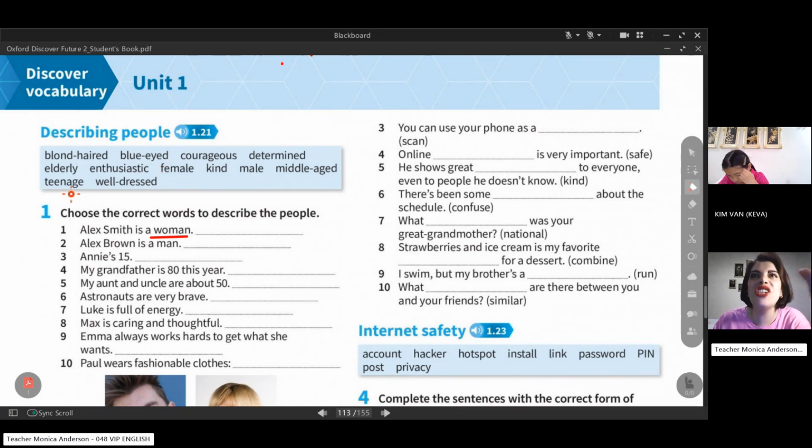It's the age between, for example, 10, 11, 12, 15 to maybe 17, consider it as teenager. Okay? So Anne is 15, Anne is teenage. And my grandfather is 80 this year.